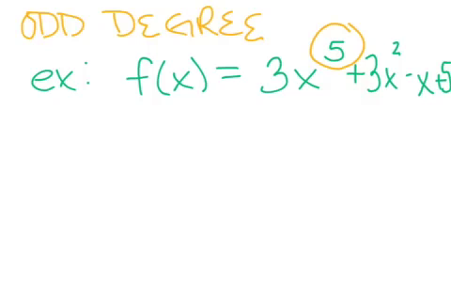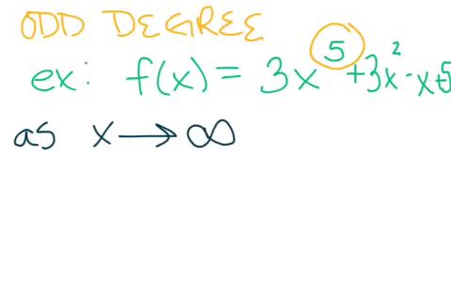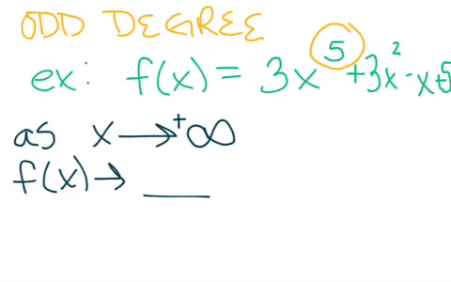Okay? So what I'm going to look at, when we're talking about the end behavior, is what this graph is ultimately doing as x gets really, really big. So as x goes to positive infinity, what does the graph ultimately go to? Whenever we're doing a polynomial end behavior, I'm going to focus on the highest term.